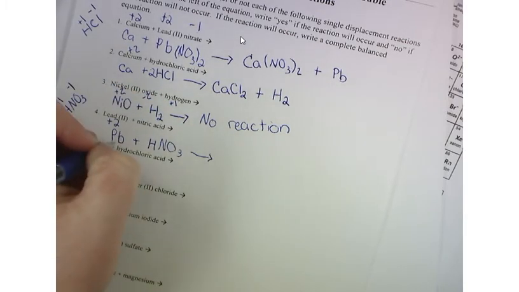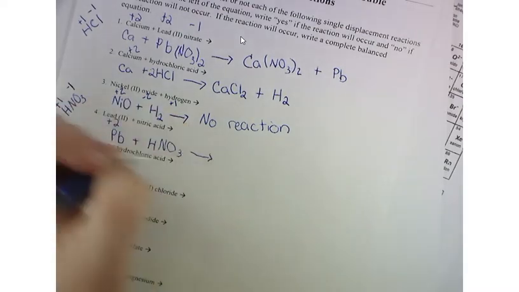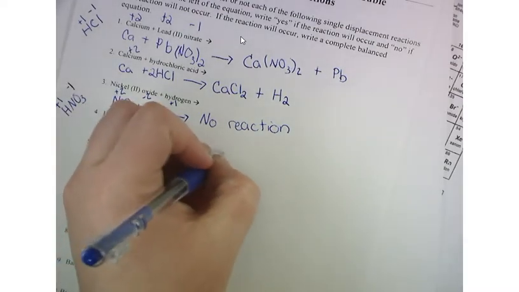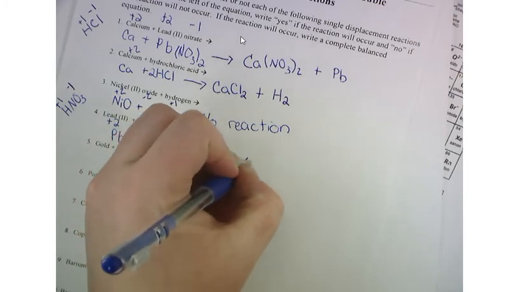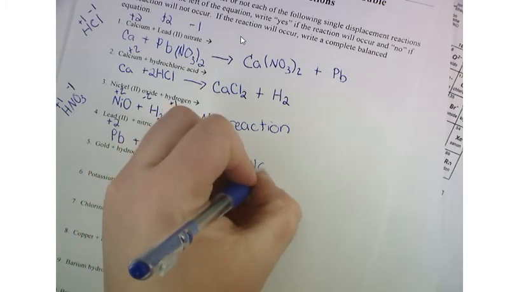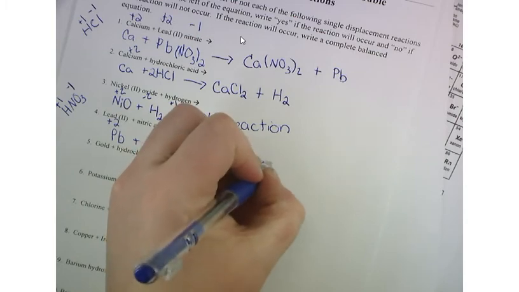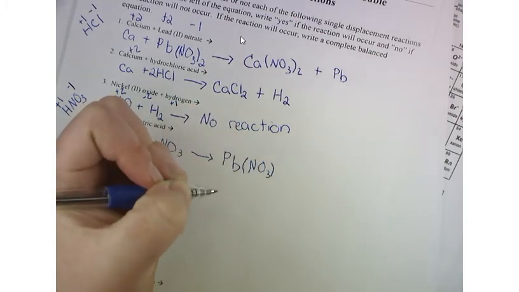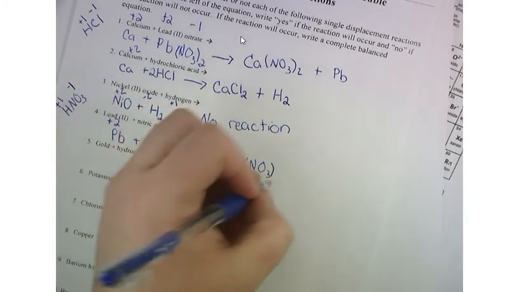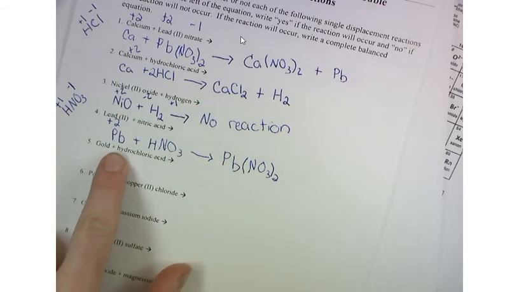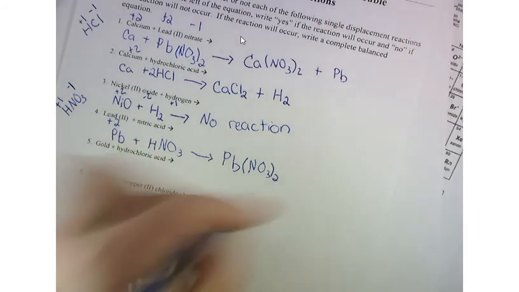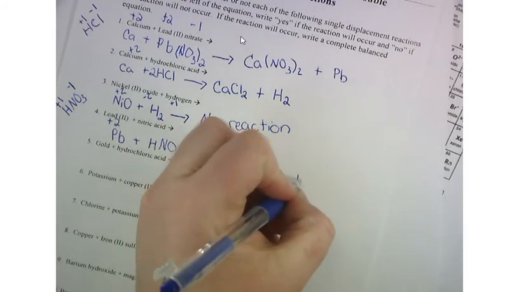So my lead has a +2 charge, and it's now going to join up with the nitrate. So we have Pb and NO3. But since nitrate only has a -1 charge, I am going to need 2 of those to balance out the +2 of the lead. And now hydrogen is going to be on its own.